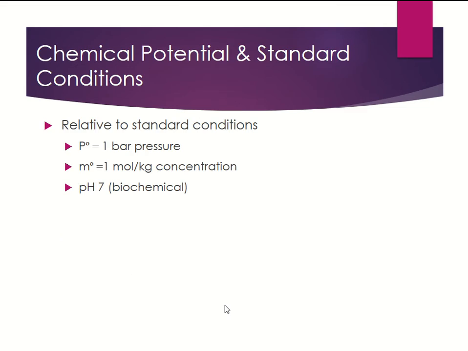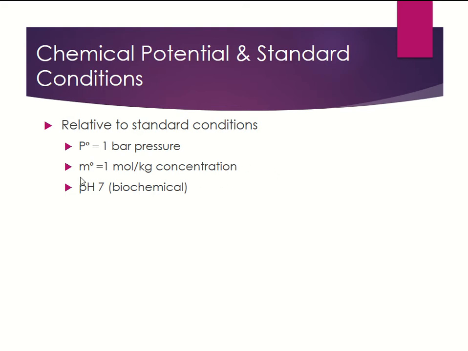All right, so we all know that we always compare our thermodynamic quantities to values at standard conditions, and so that's what we're going to be doing here in our discussion of equilibria. We're going to be dealing with this relative to standard conditions. So again, just to reestablish standard conditions, when we talk about pressure, we're talking about 1 bar pressure, and of course we represent standard conditions by the little naught, P naught superscript.